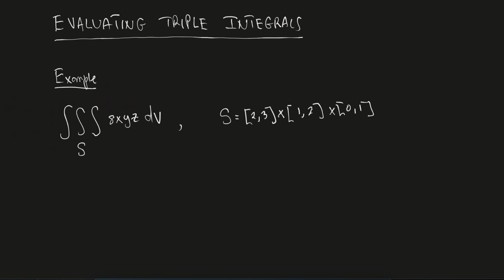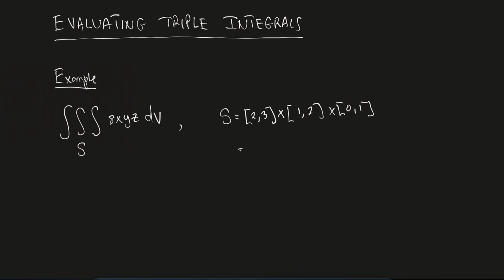In a rectangular coordinate system, the first interval given is assumed to be the interval for x, the second interval is the interval for y, and the third interval is the interval for z.